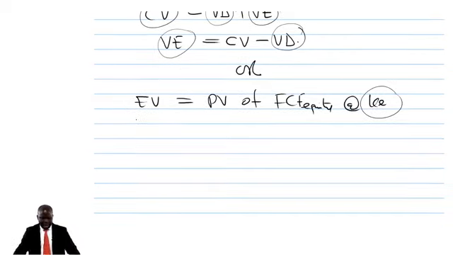Okay, so how will I get the PV of the cash flows? I will go straight and say that I have my operating profit. How will I get the operating profit? Because I need the cash flows. Operating profit is turnover, which is sales.